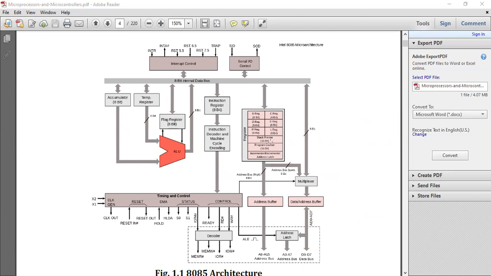You can see the general purpose registers B, C, D, E, H, L, each 8 bits. And the two special function registers are the stack pointer and program counter.